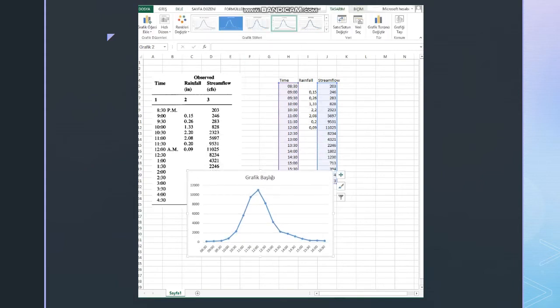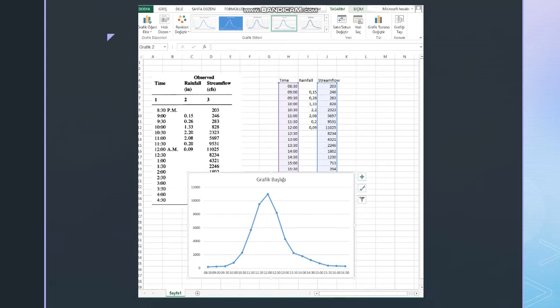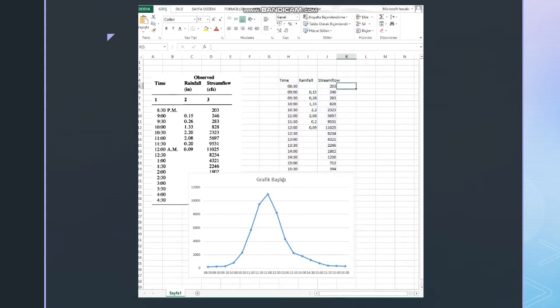As you see, this is a storm hydrograph, and over here there is a base flow. It comes straight, and after that it goes up. Let's see what the number is: 394.